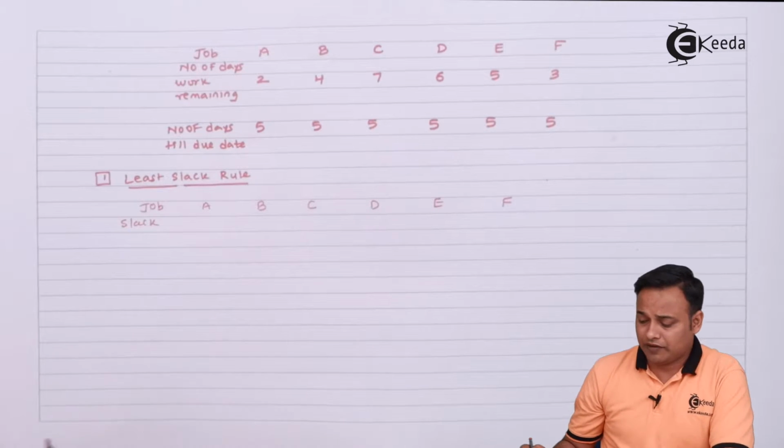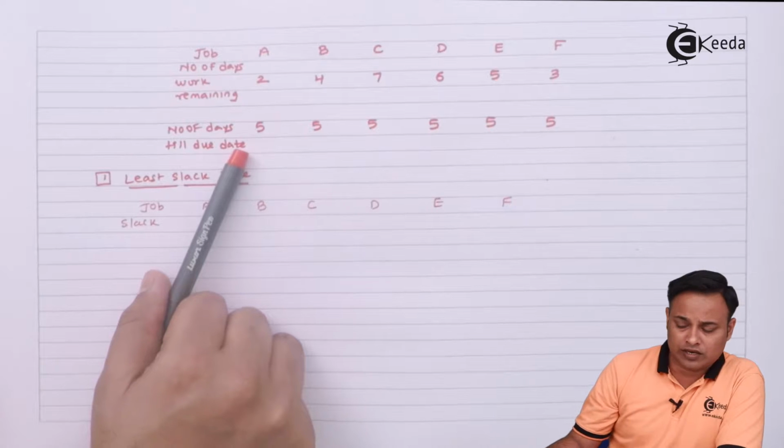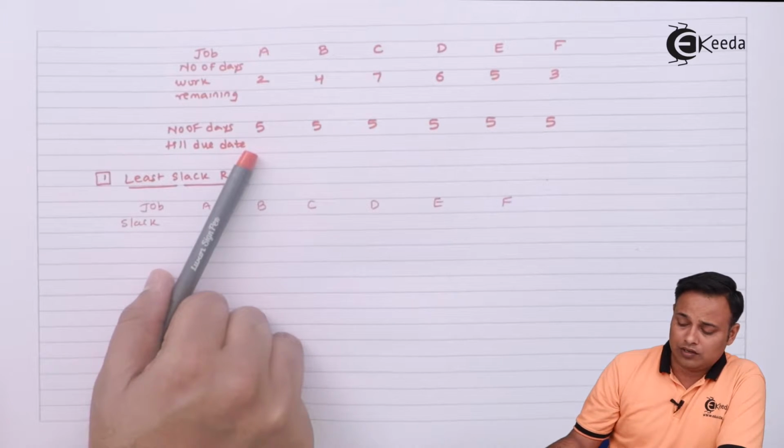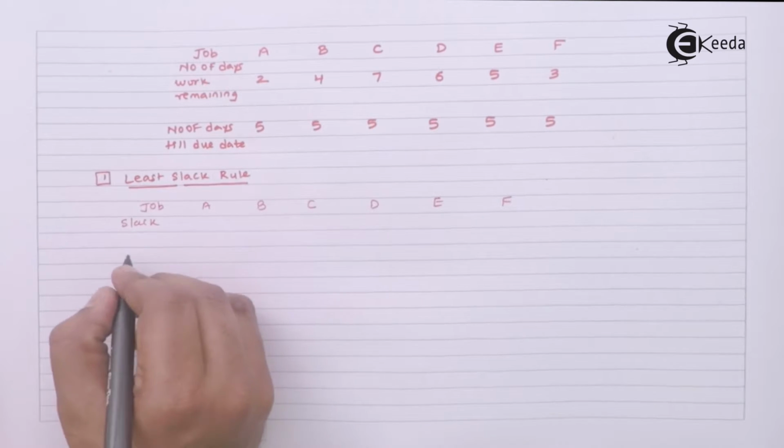Slack can be defined as the difference between the number of days till the due date, that is the time available, and the duration of the work remaining.